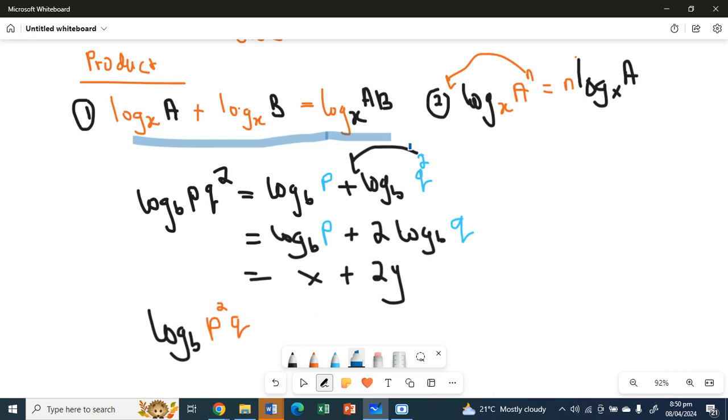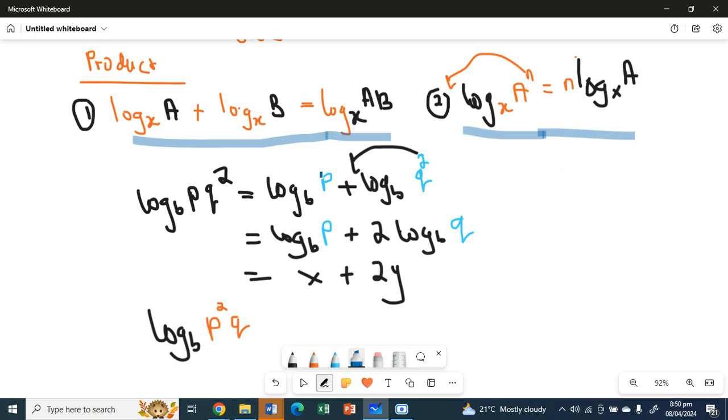Then second, you also have to know the power rule.